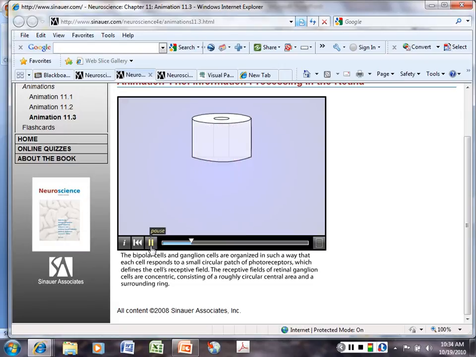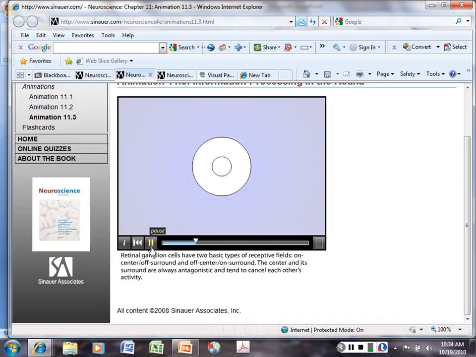The receptive fields of retinal ganglion cells are concentric, consisting of a roughly circular central area and a surrounding ring. Retinal ganglion cells have two basic types of receptive fields: on-center off-surround and off-center on-surround. The center and its surround are always antagonistic and tend to cancel each other's activity.